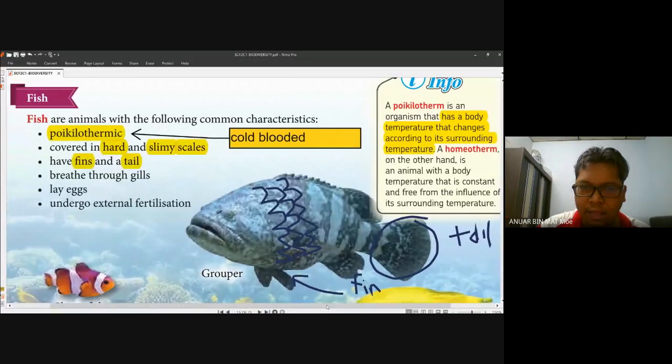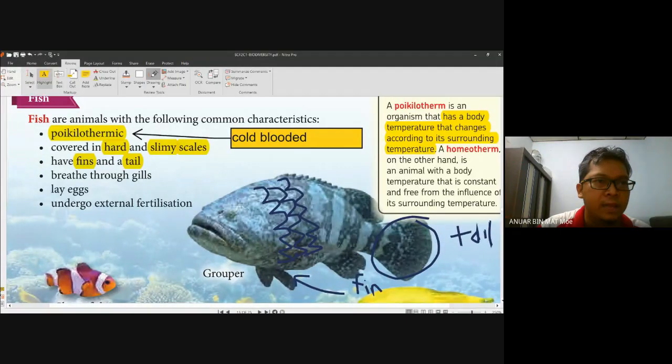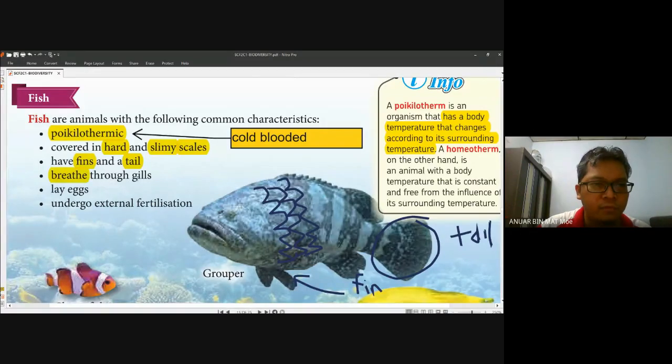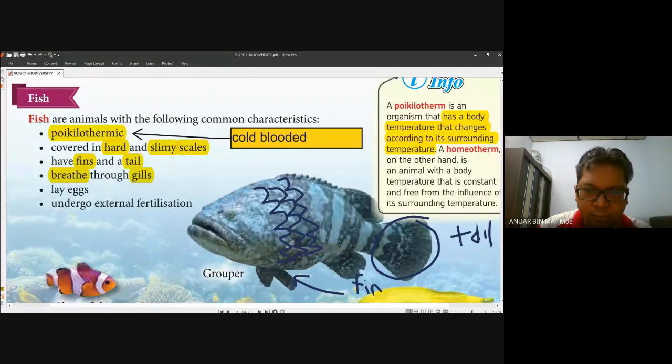The next characteristic is that it breathes through gills. Not through the lungs, but through the gills. The gills are right here. This is what we call gills.